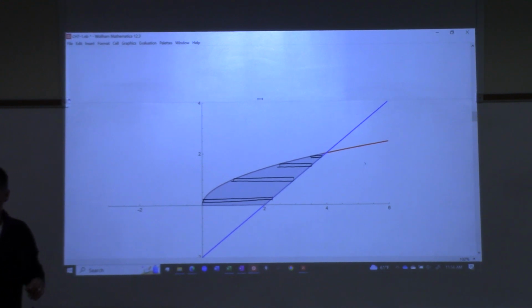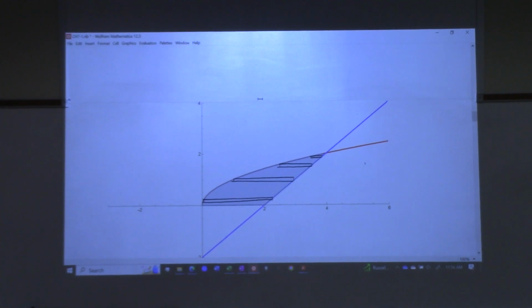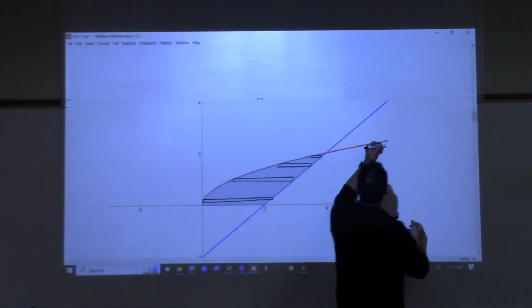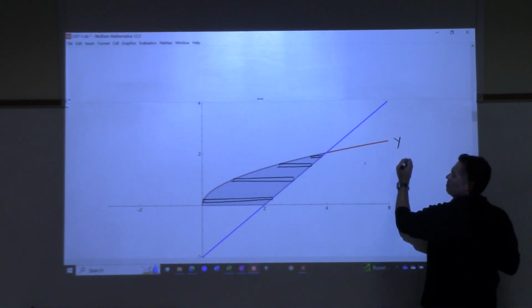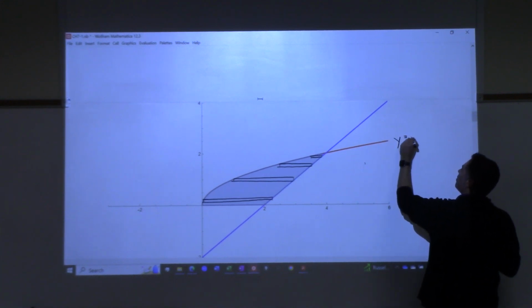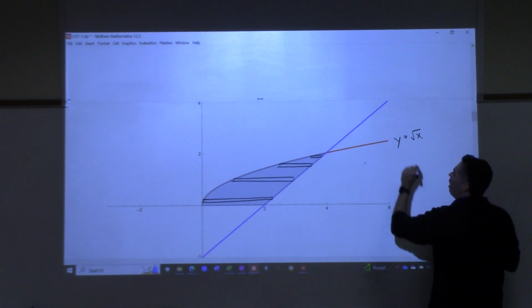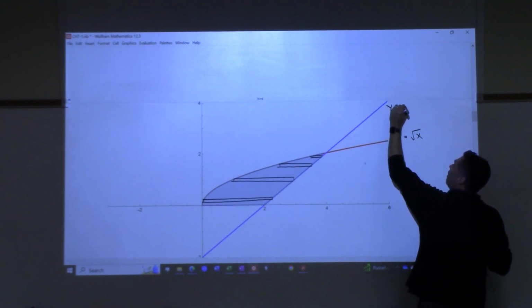Now, with us using the horizontal rectangles, would we have to switch the equation? Yeah, so right now we were given equations, and that was exactly what I was about to put up here. This was y equals the square root of x, and x minus 2.